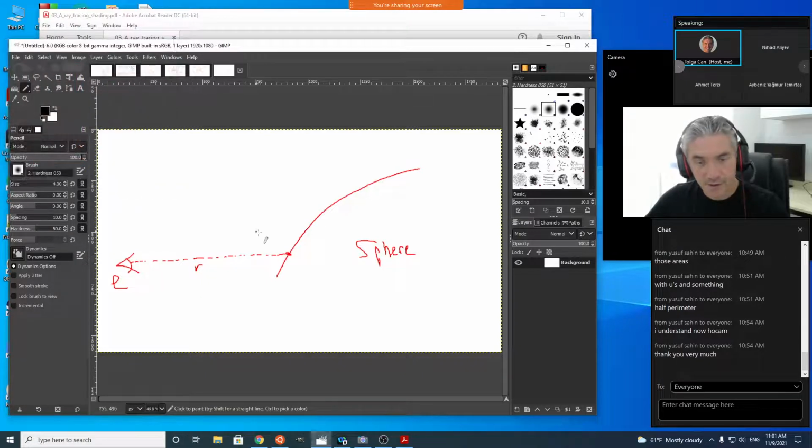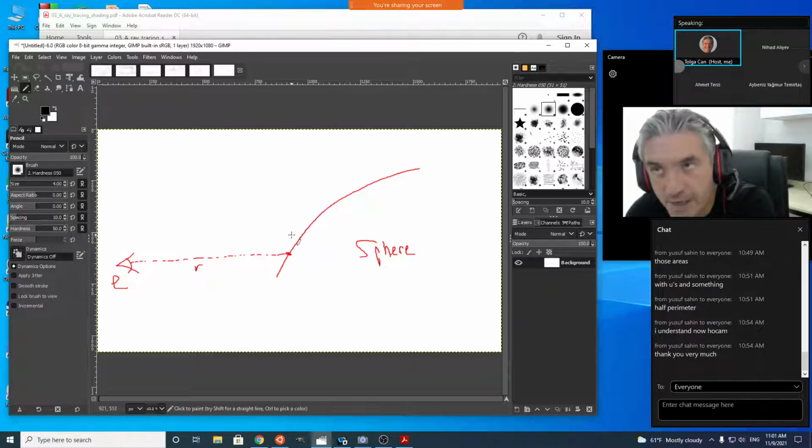Now, there are a couple of things. First of all, we're going to be executing an illumination model. This is called the basic illumination model, which is going to come up in the OpenGL part as well. This basic illumination model is composed of three very simple components: ambient, diffuse, and specular.